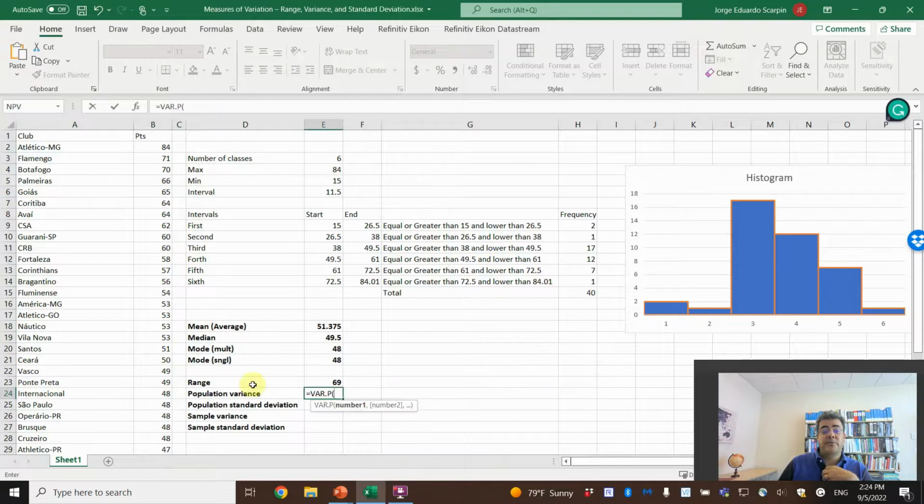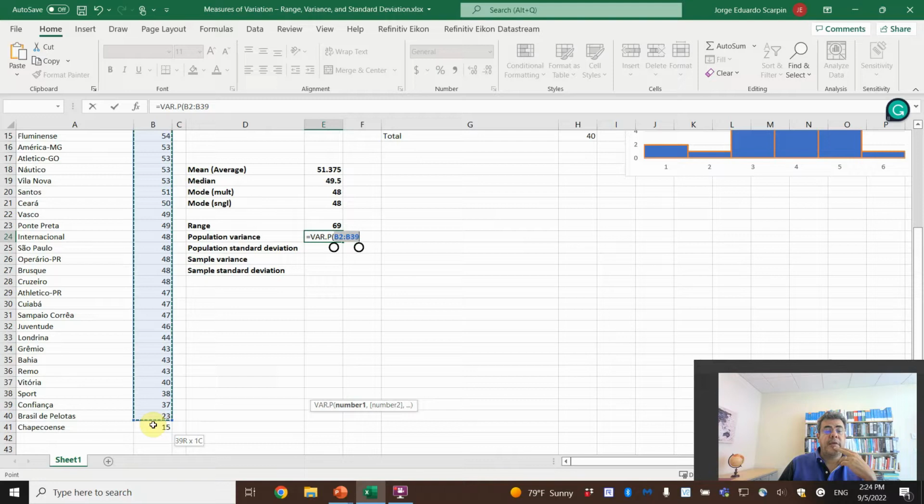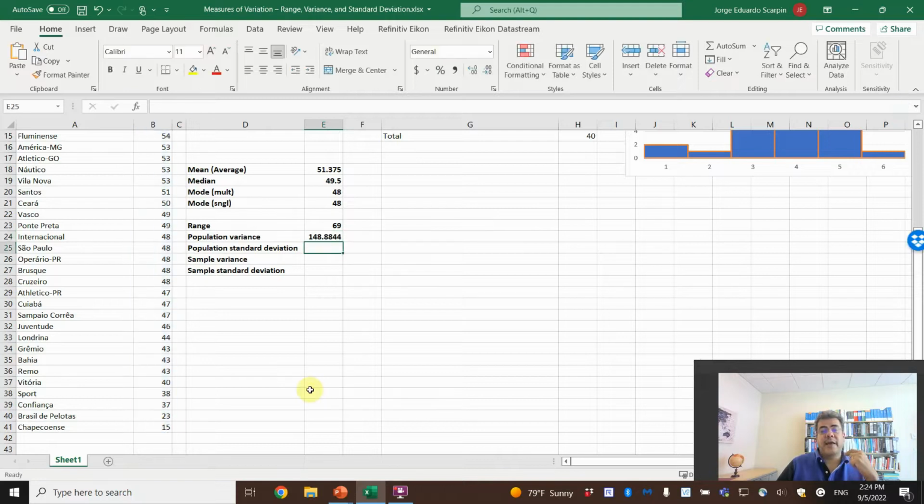So population, and then we have all that long formula here. It is very useful for regression analysis and so on, especially if we want to do it by hand. However, let's go to the variance here.